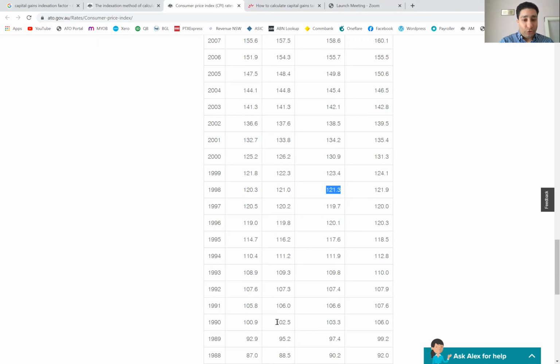You've got June 1990, 102.5. So you do take 121.3 divided by 102.5. Your index factor is 1.1834. Now, what do you do with that? You multiply that by the purchase price of your asset. So you get the price that you paid for your asset, and then you multiply it by that factor, 1.18. That gets you what we call your cost base.